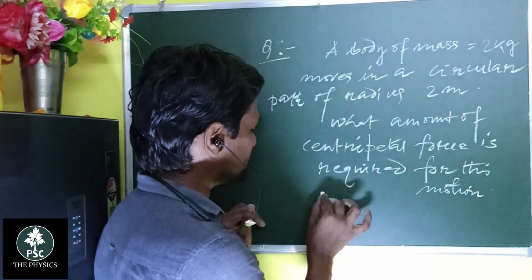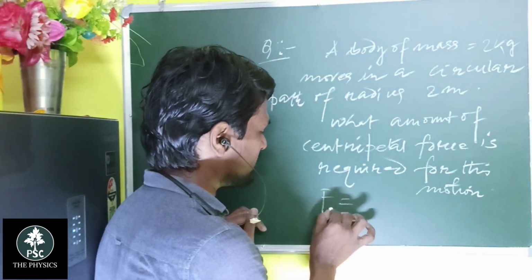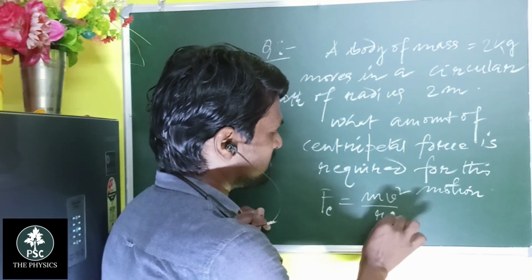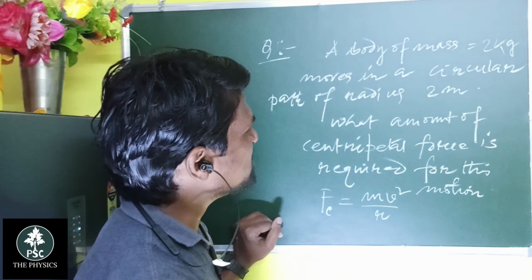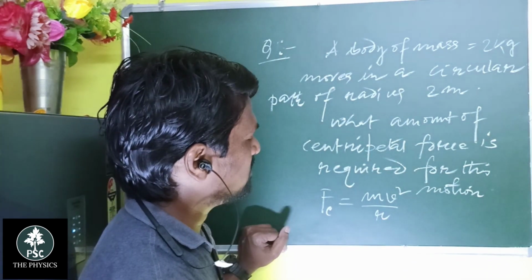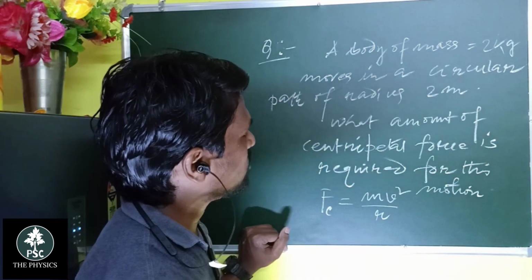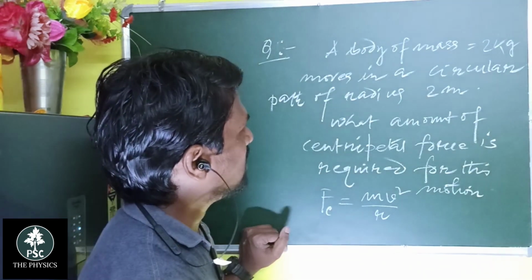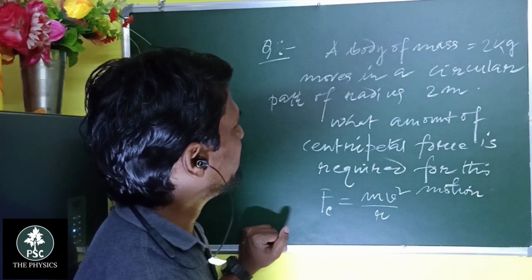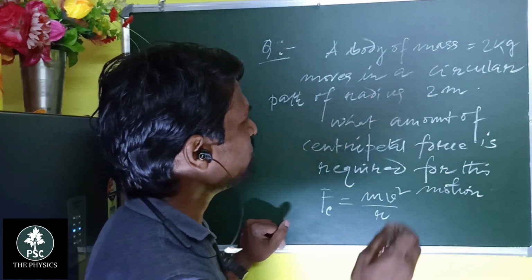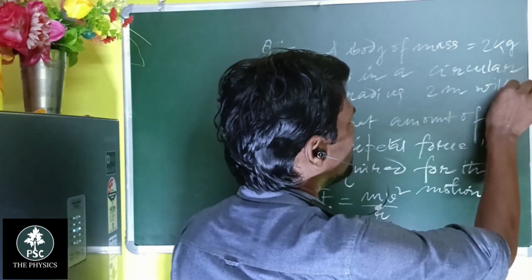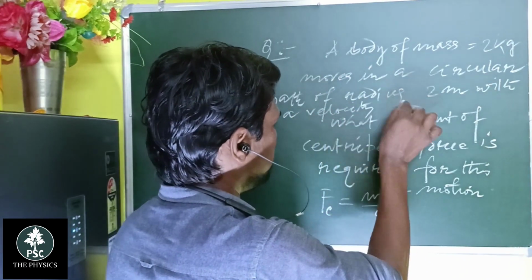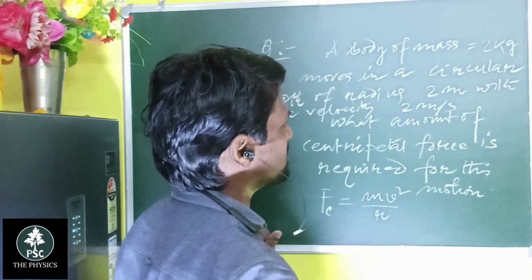So the answer is F centripetal equals m v square by r. There is a missing one, the velocity. If the velocity is not given, then you cannot do the numerical. So a body of mass 2 kg is moving in a circular path of radius 2 meter with a velocity of, suppose, 2 meter per second.